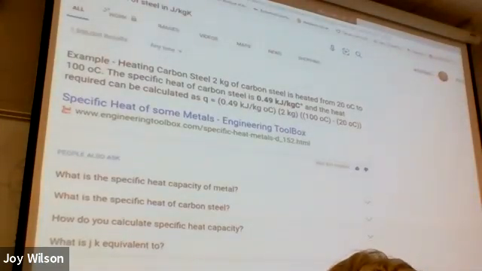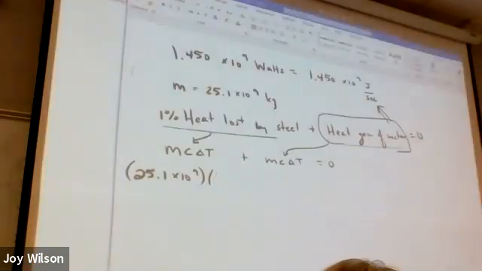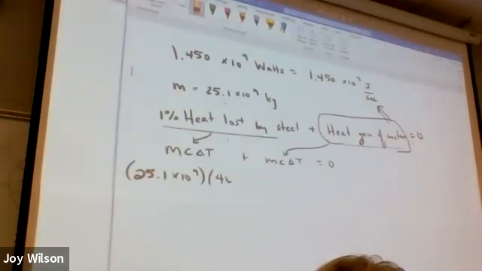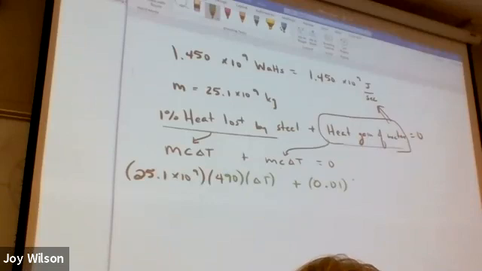$490. So 490, and change in temperature, I don't know. And this piece, the MC delta T for the water, is 1%, which is 0.01, times 1.45 times 10 to the 9th joules per second.